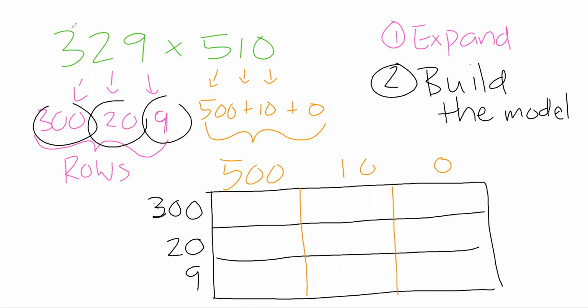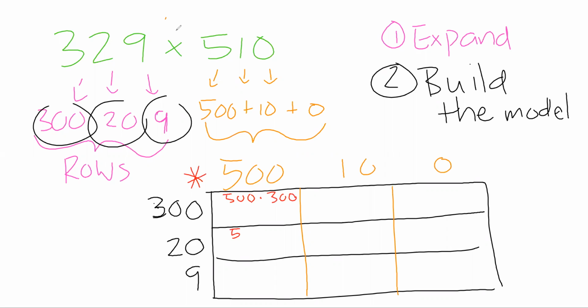Okay, so now that we've put that model together, we're going to multiply each column by each row. I like to write down each multiplication sentence to help me do that. So I start with this column of 500, and I'm going to multiply it by this row of 300, where they line up.